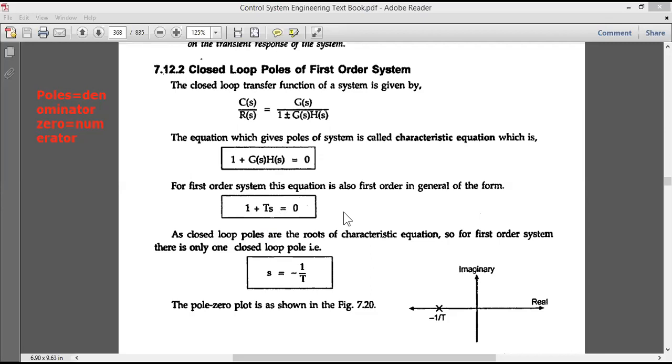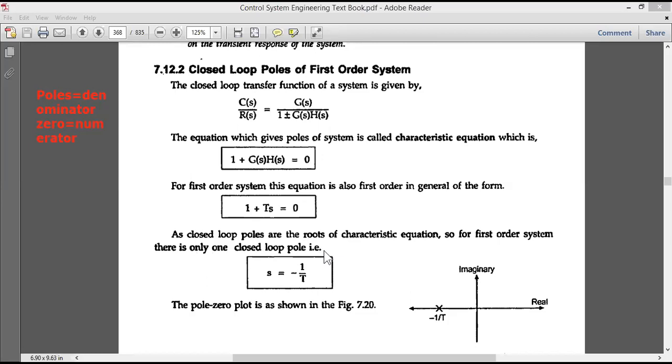Now once we speak about the closed loop poles, you need to find the roots of the characteristic equation. Whenever you take the closed loop system and find the roots of the characteristic equation, in the first order system there will be only one closed loop pole, always remember.